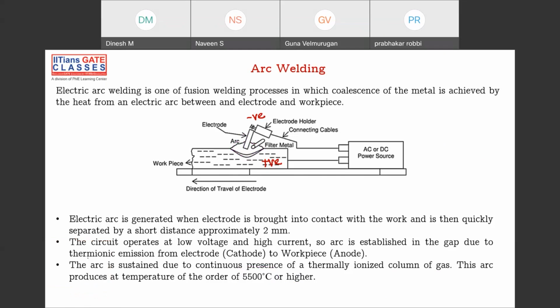TIG welding uses a non-consumable electrode, meaning the electrode will not melt. So the electrode should be of a high melting point material. That is why we select tungsten as our electrode material, which has a high melting point. That's the reason it is known as TIG, tungsten inert gas welding. Let's discuss that in the coming slides.